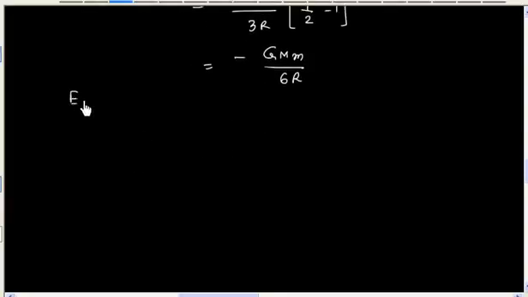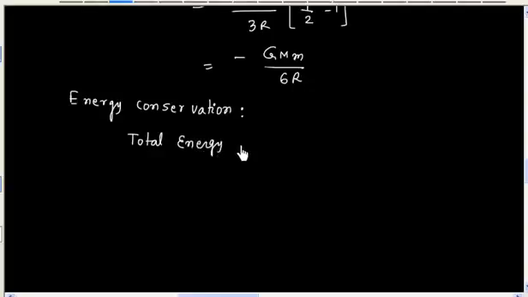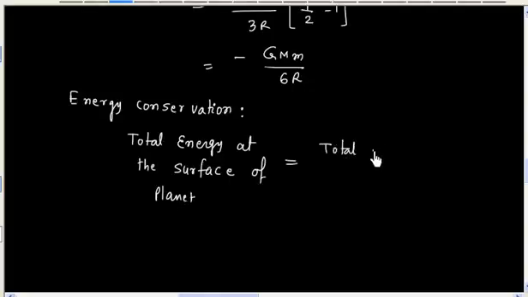Now we can apply energy conservation. That is, total energy at the surface of planet is equal to the total energy in circular orbit.